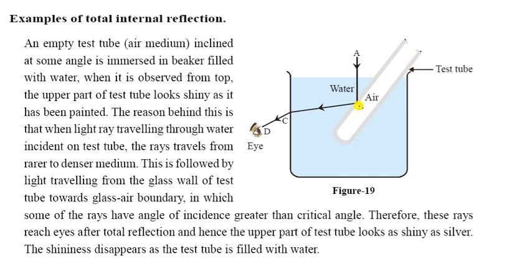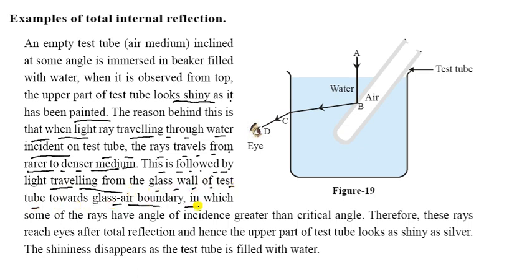If a ray of light is passing from denser to rarer medium, there is one angle of incidence in the denser medium for which the angle of refraction becomes 90 degrees, and that angle is called the critical angle, and it is denoted by i_c or C. Critical angle is C. So you can see here in this topic, for a particular value of incident angle, the emergent refracted ray will graze through the surface separating both mediums.